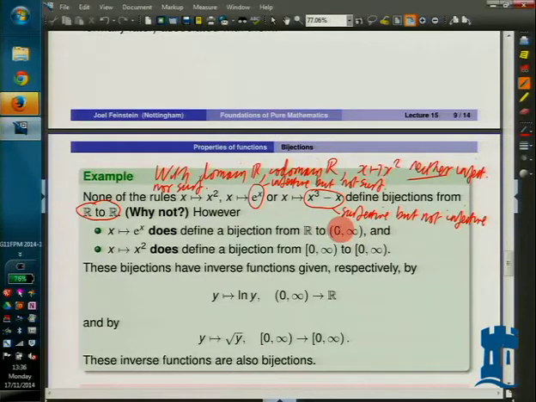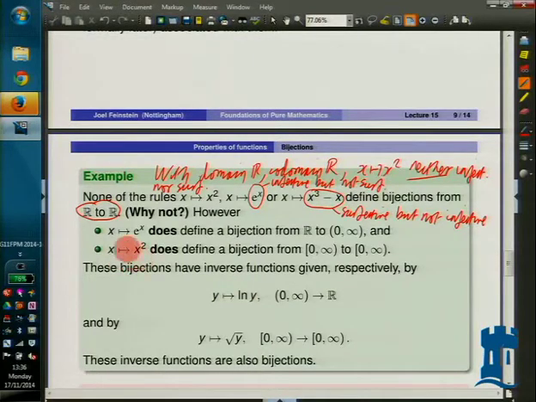If you look at the sketch of e to the x, you do get all positive real numbers exactly once. And you get an inverse function, the natural logarithm, which takes you back again from positive real numbers to all real numbers. And the logarithm function is a bijection as well. If you take the inverse function to a bijection, you get another bijection.